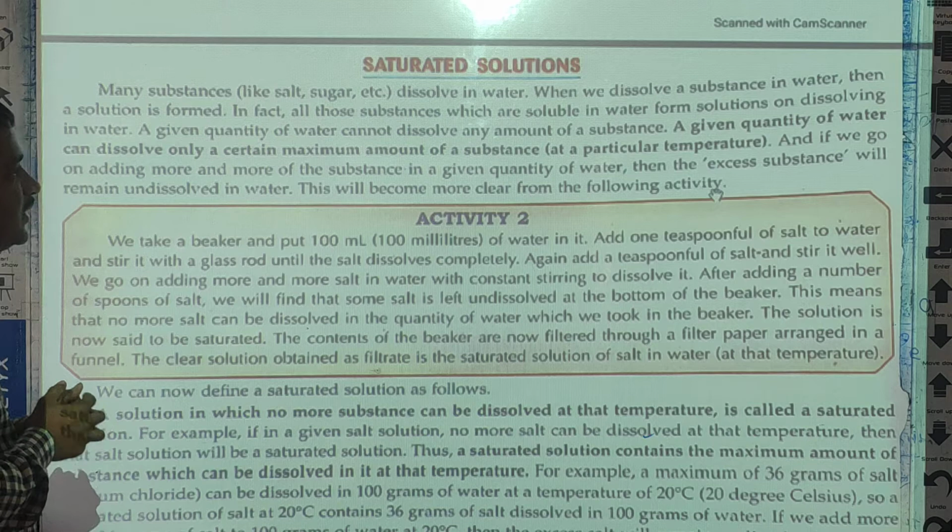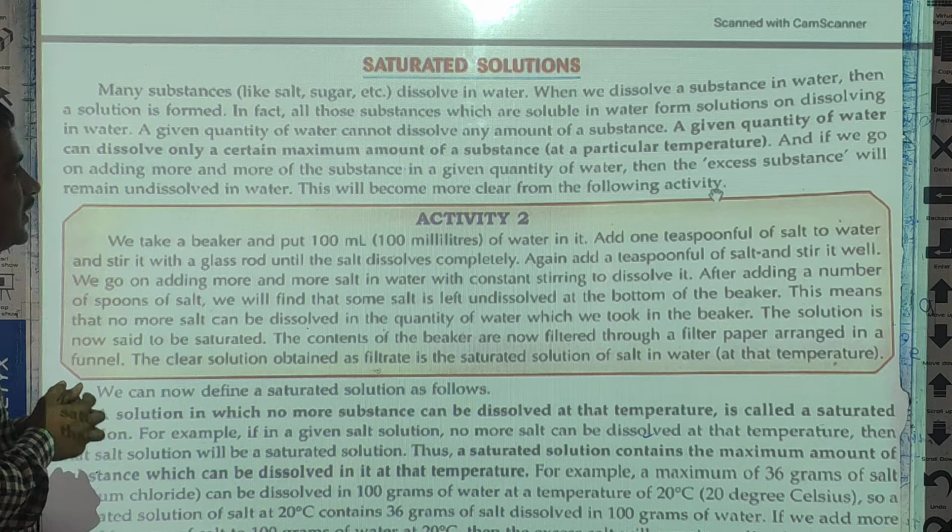It means that, for example, 100 grams of water can dissolve only 21 grams of copper sulfate. So that is the solubility of copper sulfate. 100 grams of water can dissolve only 32 grams of potassium nitrate. Means after that we cannot add more.